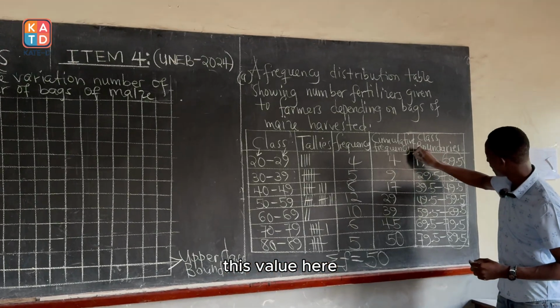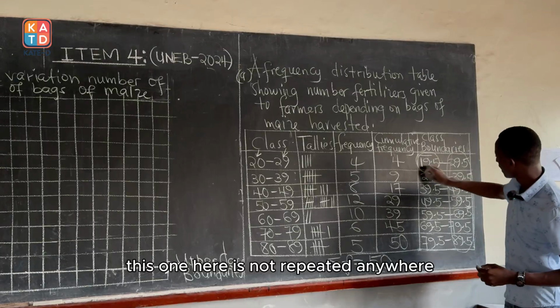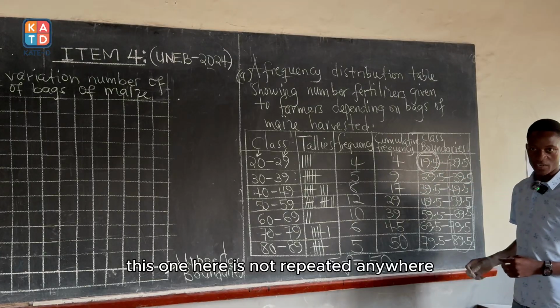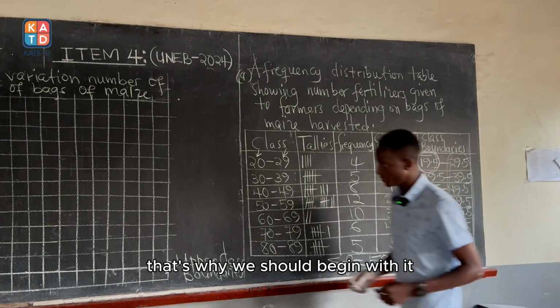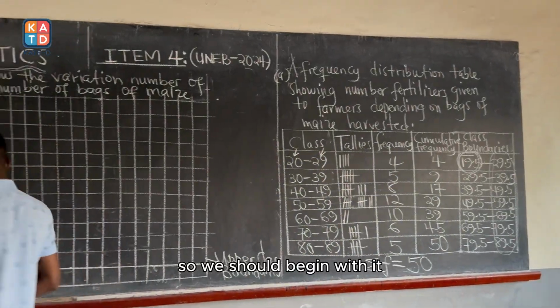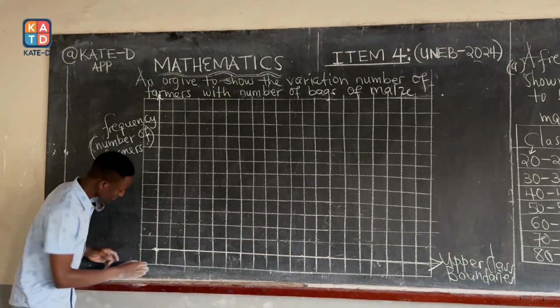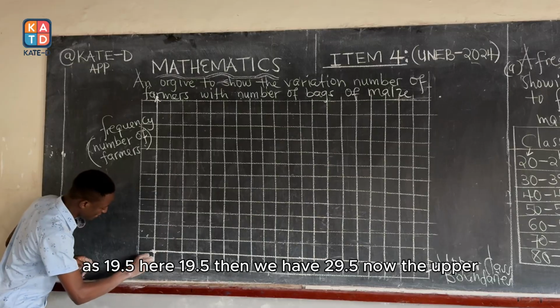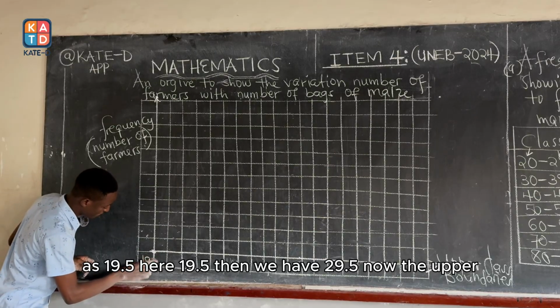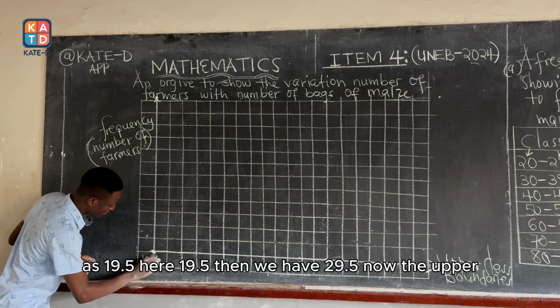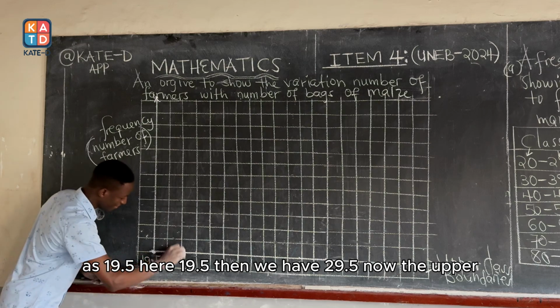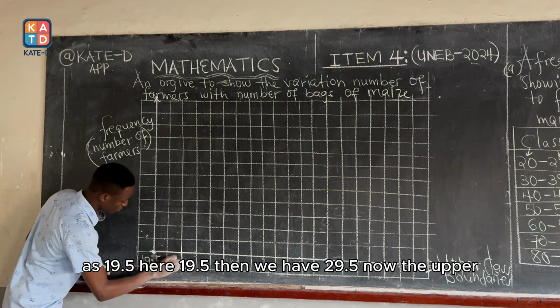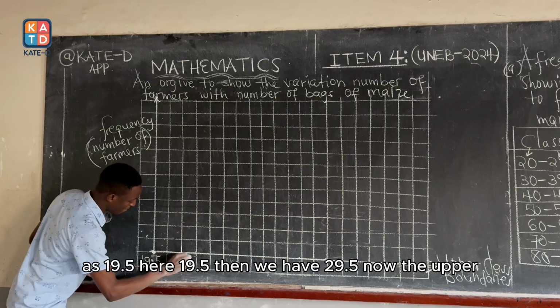This value here is not repeated anywhere. That's why we should begin with it. So we should begin with it as 19.5. Then we have 29.5 now, the upper.